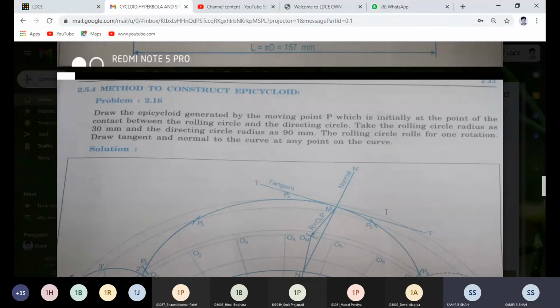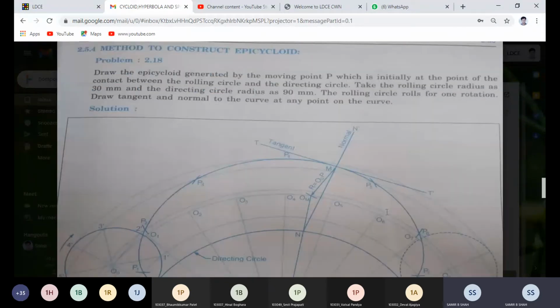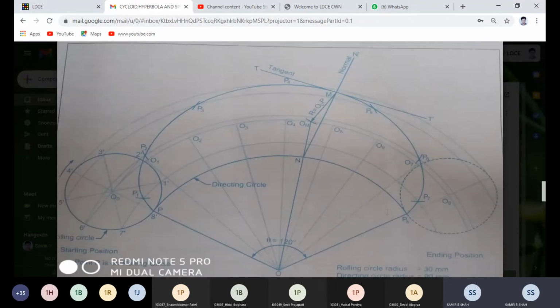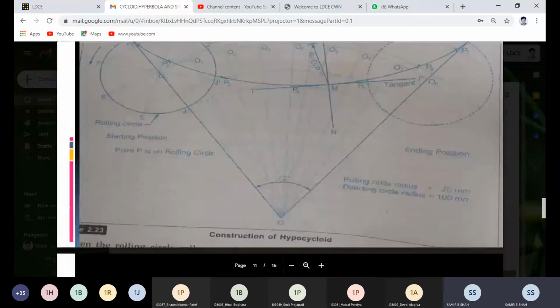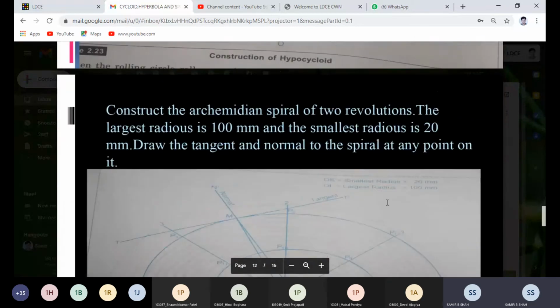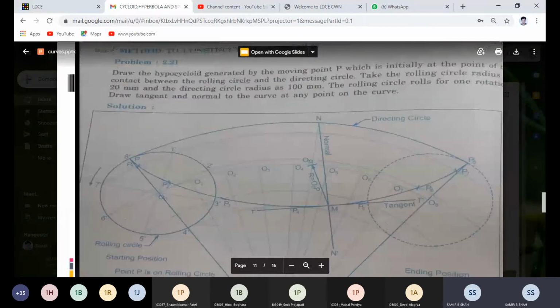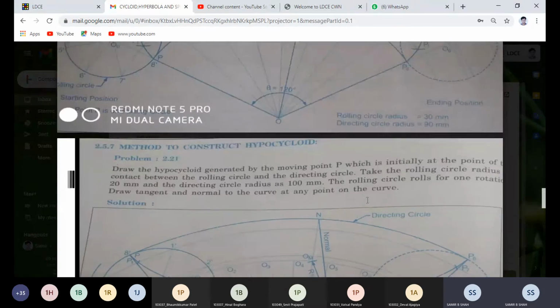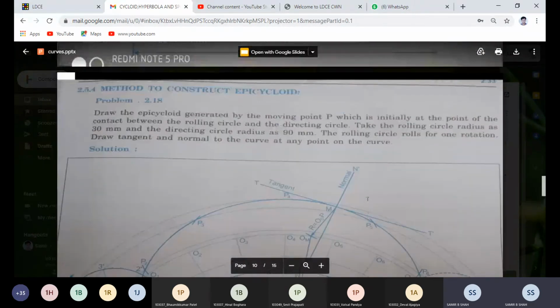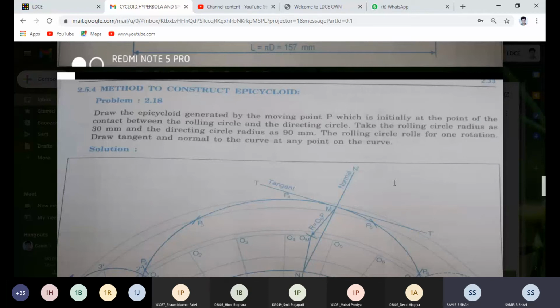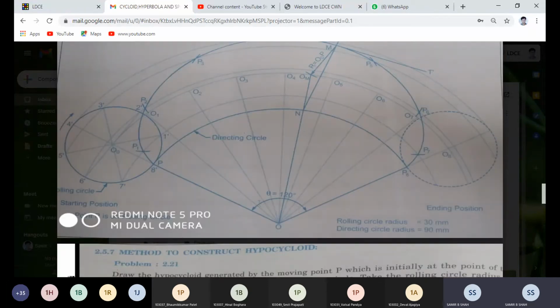It is easier than the cycloid, but you have to use one equation to generate the epicycloid. That equation, I think it may not be defined here. I just told that the angle, how we have to generate the angle, is called the subtended angle.